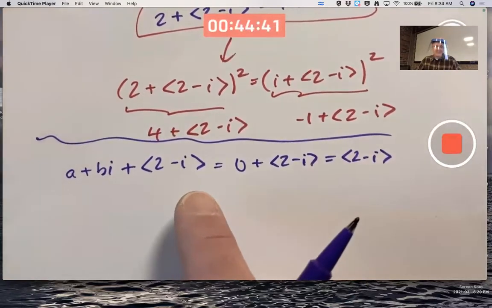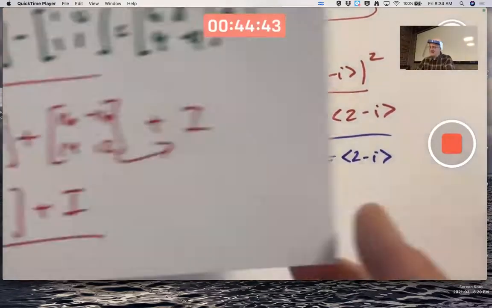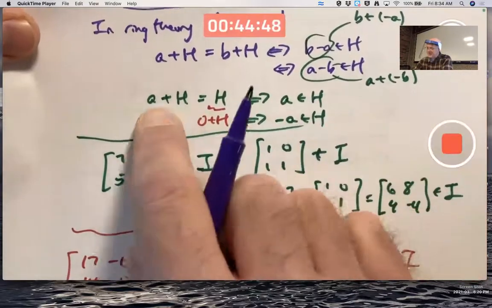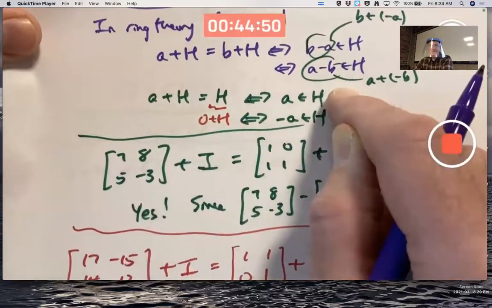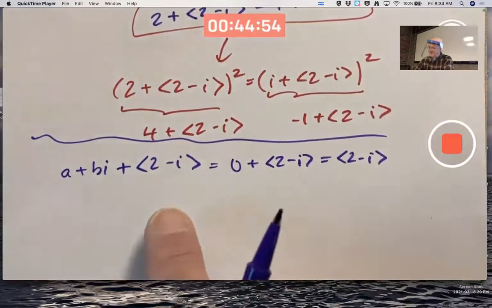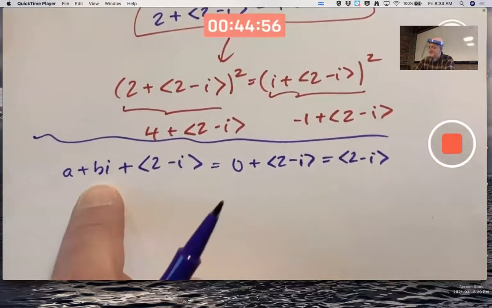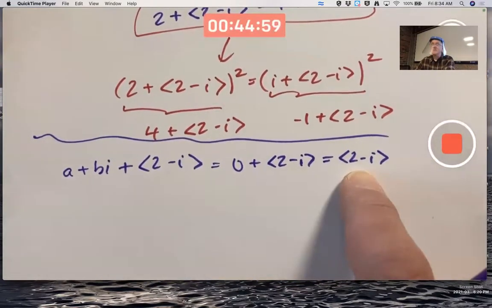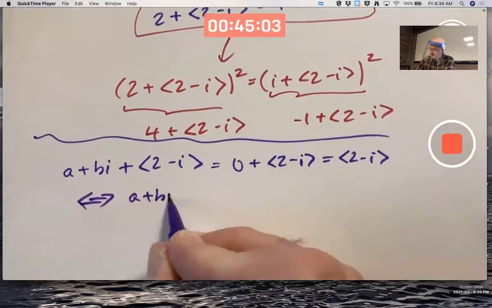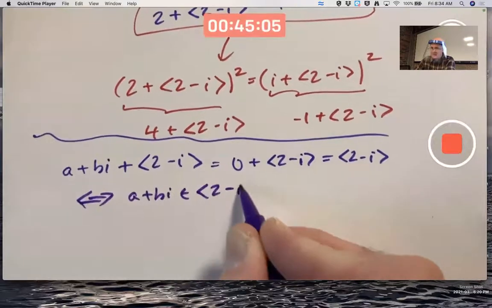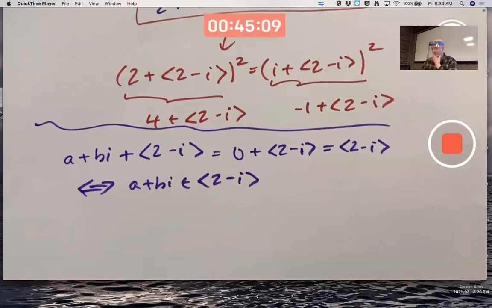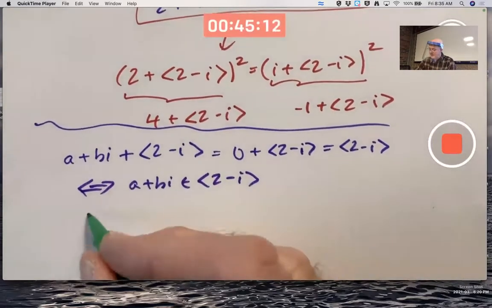Well, just as we had mentioned a number of times today, that's going to be true. a plus H equals H if and only if a is an element of H. In the context of this example, this is going to be true if and only if a plus bi is an element of this principal ideal. But when is that true? What does that mean?